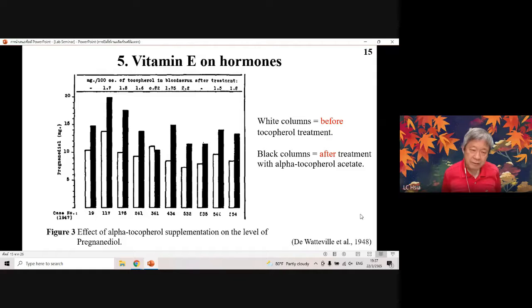In this case, I prefer you try to find out the mechanism of vitamin E related to the immune system and hormone. Why? Because if you find the mechanism, then in the future it is easy to explain.